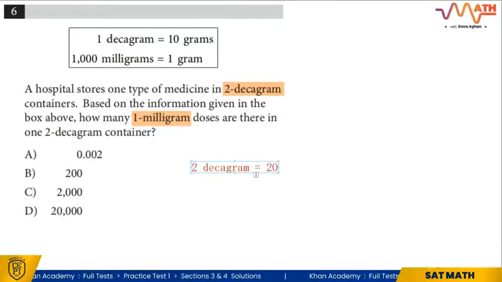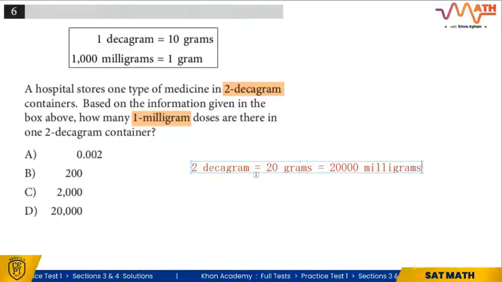Because 1 decagram is 10 grams. 1 gram is 1000 milligrams, so multiply by 1000. Answer is C.